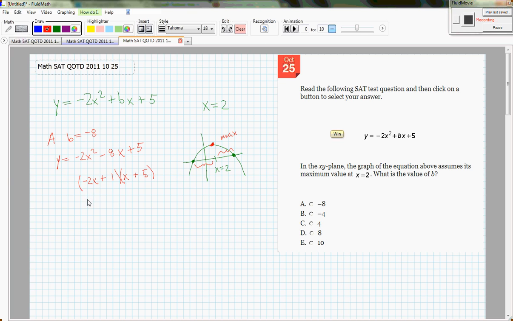Okay, so notice that 2x plus 1 equals 0 means there's a root at x equals minus 1/2, and x plus 5 equals 0 implies that there's a root at x equals minus 5.